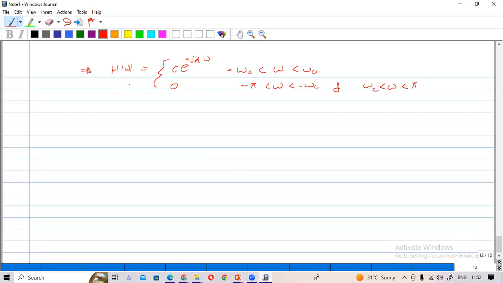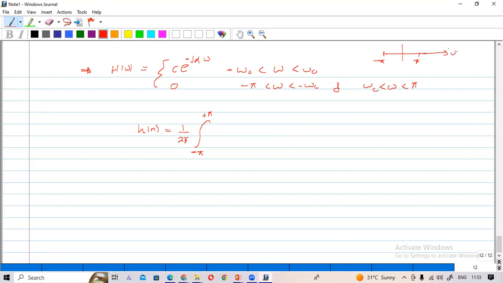First, you have to find the impulse response h(n) by applying the inverse Fourier transform to this H omega. That is 1 over 2 pi, integrated from minus pi to plus pi, because H omega is defined between minus pi and plus pi.